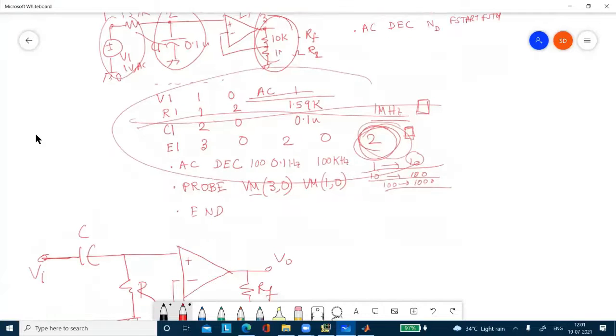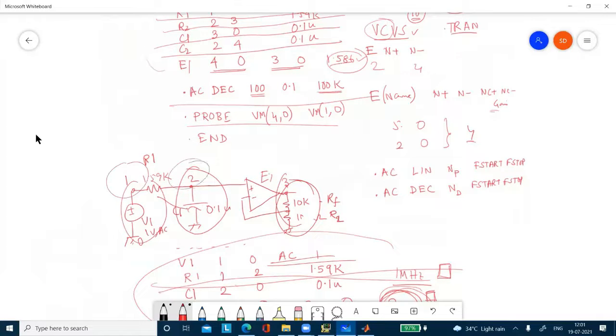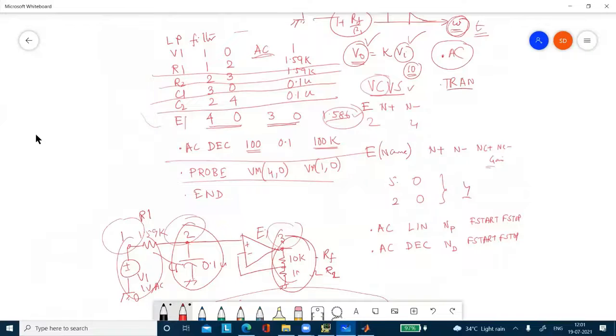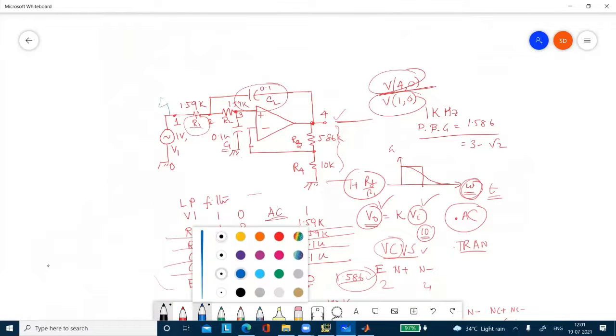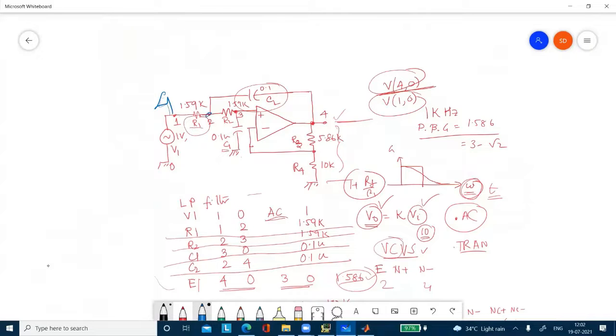This is node 1, node 2, node 3. This is node 4, this is node 5, this is node 6, this is node 7. So supply is 40. I want to do this on the same graph, first order and second order together, on the same graph paper. R1 is 4 5, R2 is 5 6.